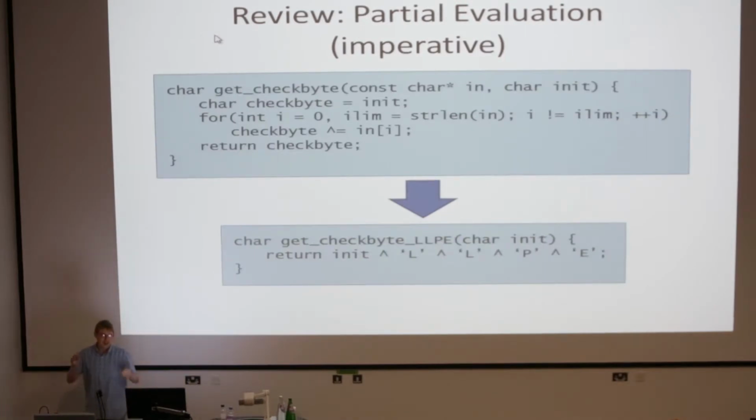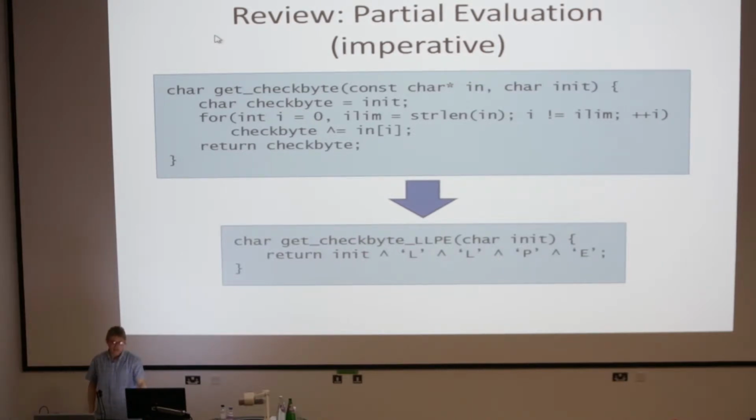In the case of imperative code, it looks a little bit funkier and there's typically more characters, but otherwise we're doing similar things. We're taking things like this little function which just takes a byte-wise XOR of a string to make a checksum or something. Feeding in some known value.